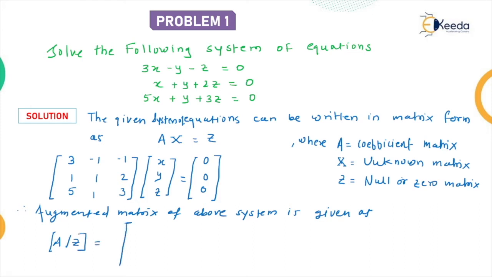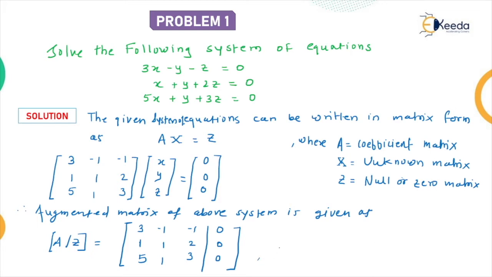So we simply write the first column of matrix A as 3 1 5, the second column as -1 1 1, and the third column as -1 2 and 3. This is a combination of matrix A and the null matrix, so I am writing here 0 0 0. This is called the augmented matrix.